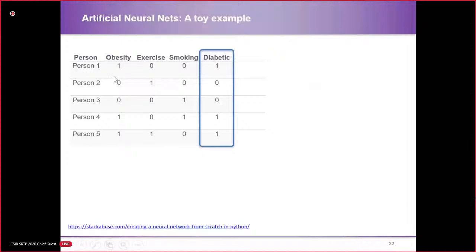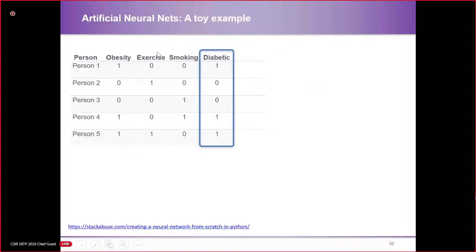So you have 5 persons, and some of them are diabetic, some of them are not. And they have some descriptors. Descriptors here are the factors that probably determine if you will be diabetic or not. Let's say obesity, exercise, and smoking. 1 and 0 here means this person is obese and doesn't do exercise, doesn't smoke, and this person does exercise, and so on. And here's the outcome, diabetic.